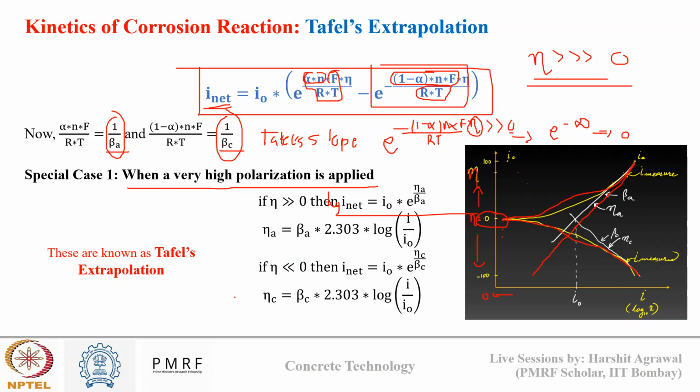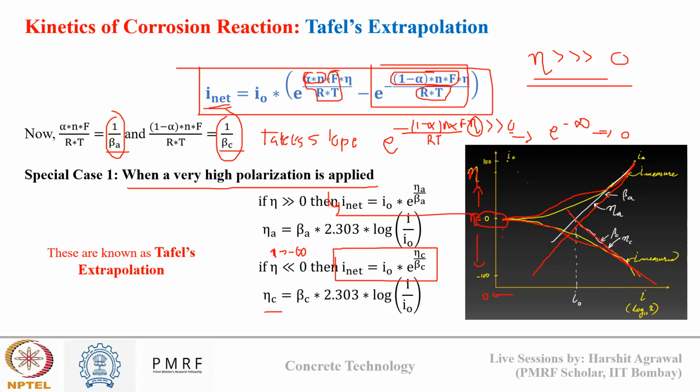Similarly, if eta is very much less than 0, or eta tends to minus infinity, then the first term will become equal to 0 and the second term will remain, so the net current will be due to the cathodic reaction. I can calculate eta c again from this equation, and this represents the slope of the second equation.